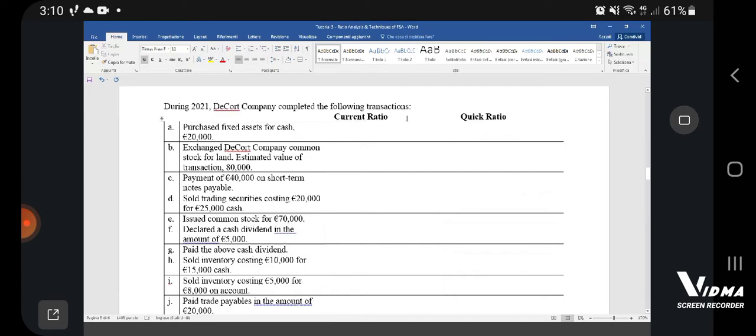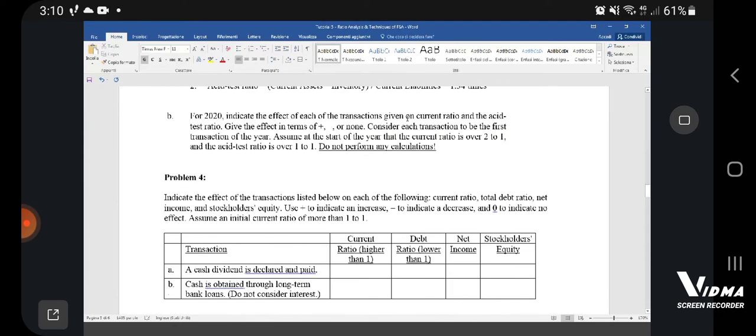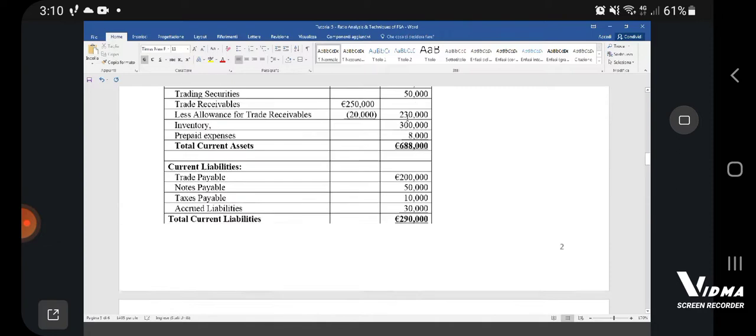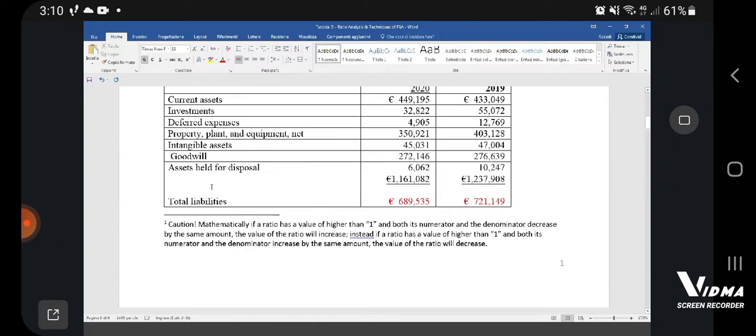We know the formulas. Now I am reminded of something that sometimes we forget, but mathematically, if a ratio has a higher value than 1, decreasing the two elements, numerator and denominator, by the same value actually increases the ratio.